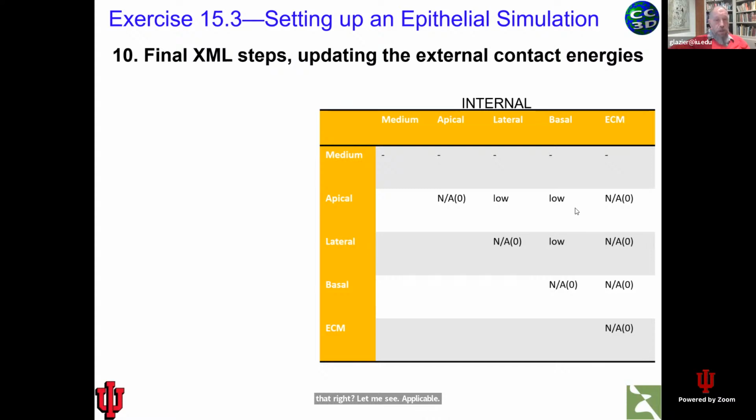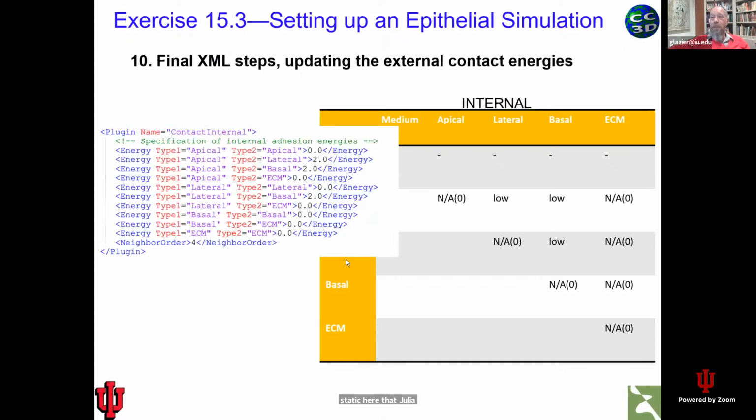Apical to basal should be high because we don't want them touching each other. Lateral to basal should be low because we want it to touch. So I might disagree with the setting here that Julio came up with. I might have set that one to be high.